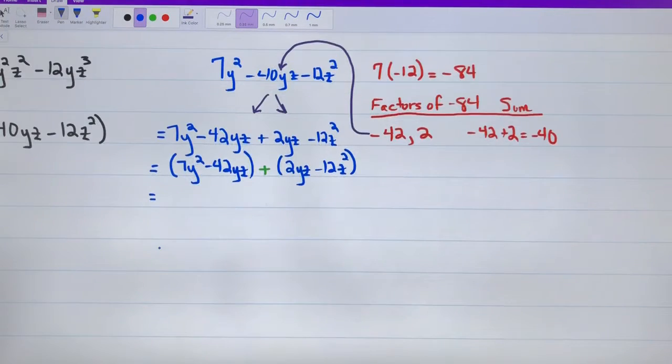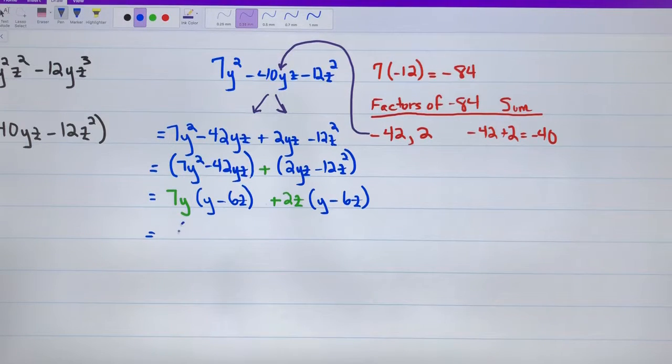Drawing out the greatest common factors, for 7y squared minus 42yz, the greatest common factor is 7y. As for 2yz minus 12z squared, we have even numbers, so you have 2 and z. 7y into the first binomial leaves y minus 6z, and 2z into 2yz minus 12z squared also leaves y minus 6z.